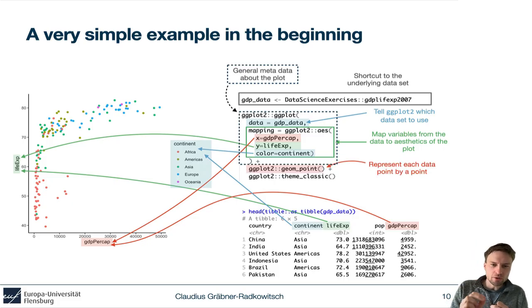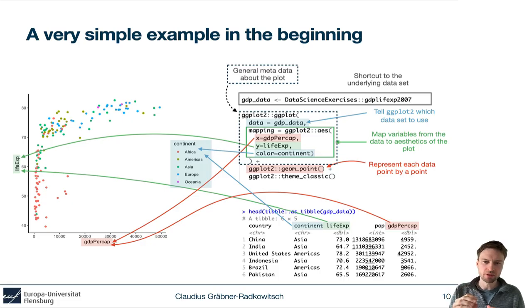And now comes the point where we actually draw the points on the plot. We have set the default options using the ggplot function, and now you see the plus sign at the end of the function. That means, okay, we now want to add an additional layer to our plot, and this additional layer should contain points.